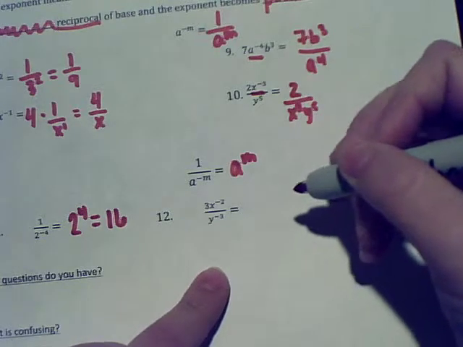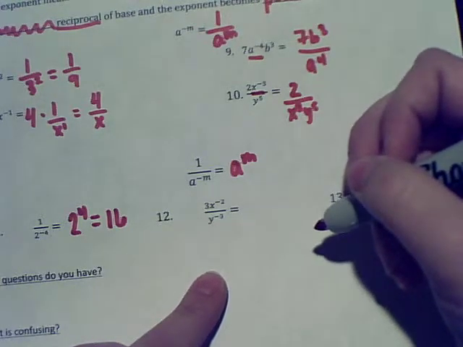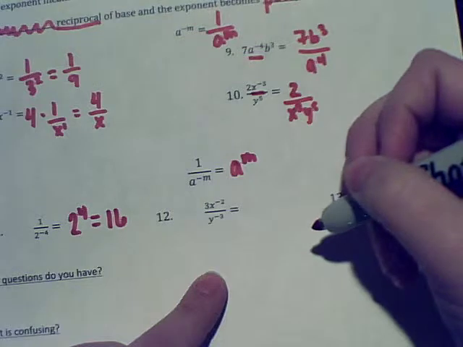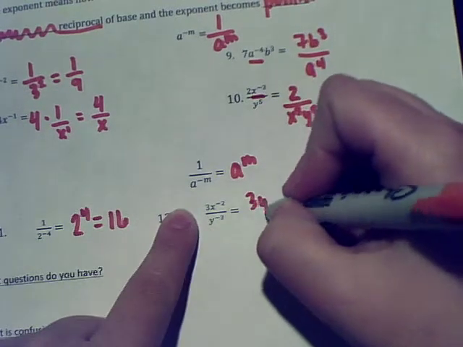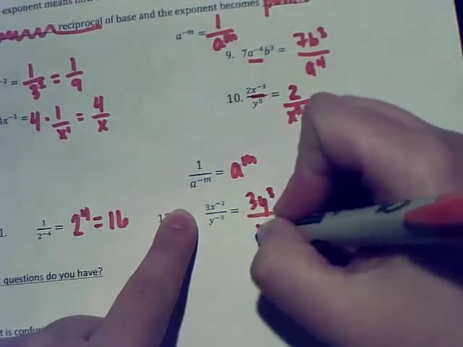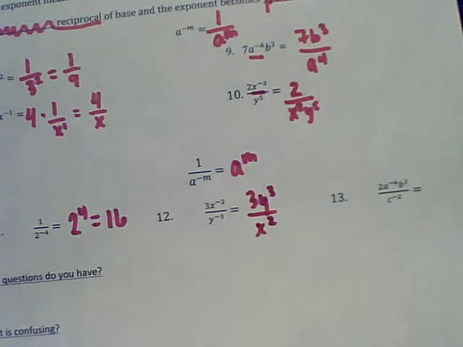Alright, on number 12, you have negatives in both the numerator and the denominator. So here we're going to take the reciprocal of both of those. Both of them switch locations so that we can make them positive. So I end up with 3y cubed over x squared.